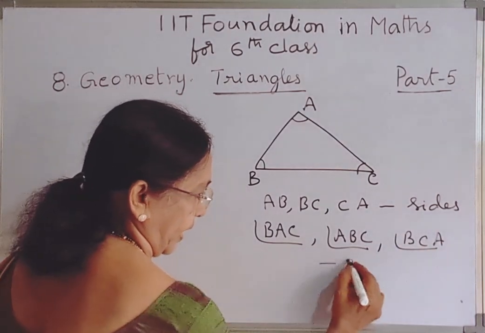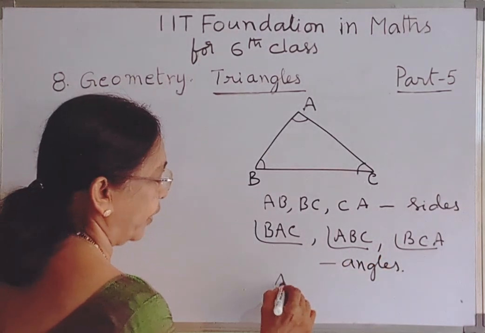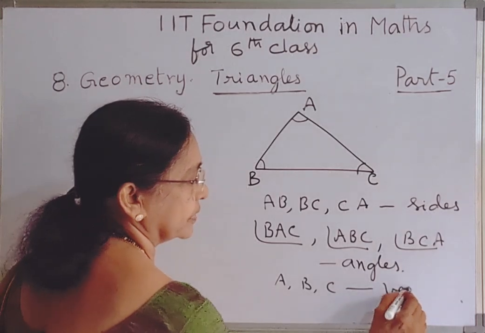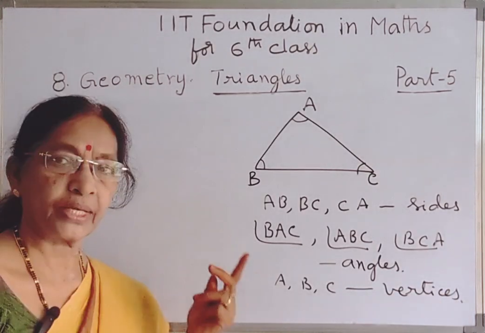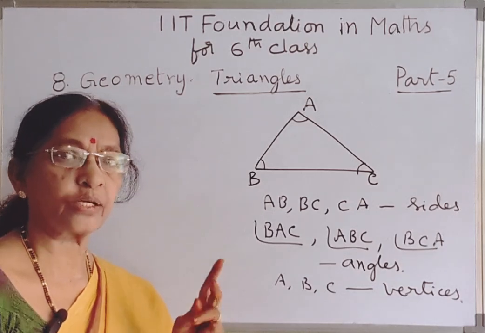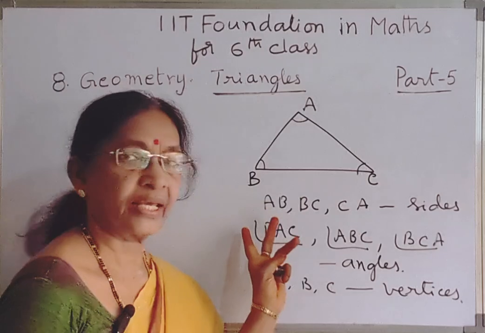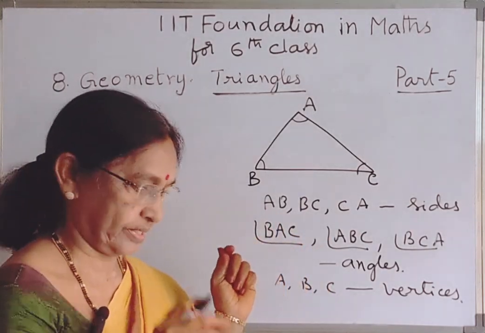The points A, B and C are called the vertices of the triangle. So a triangle is a simple three-sided closed figure. It has three sides, three angles and three vertices.